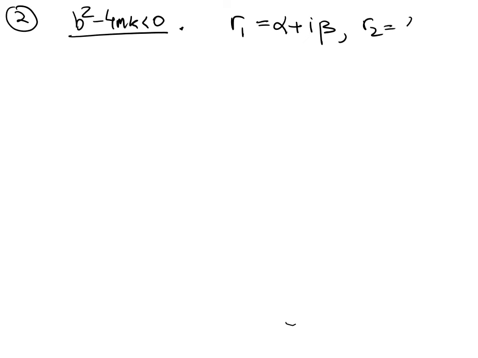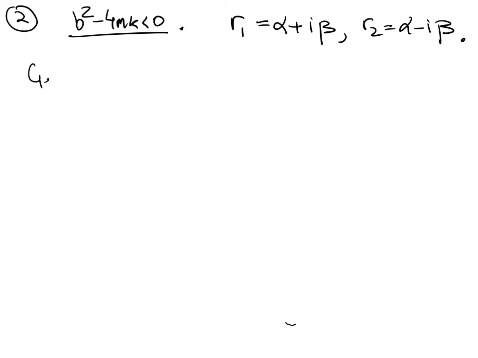And the second case is when b squared minus 4mk is negative. In this case, the roots are going to be complex conjugate pairs: r1 is alpha plus i beta, r2 is alpha minus i beta. You can get what these alpha and beta are from the quadratic formula. I'm not going to write it out.